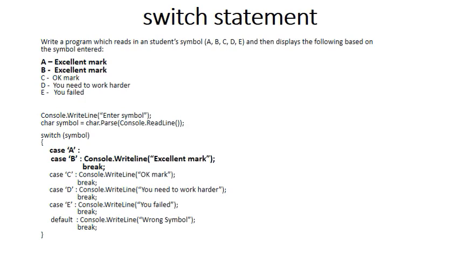So in this case I've changed the program to say if the user enters either an A or a B, I want excellent mark to be printed. So in the switch statement I say case A and I don't say anything, and then it's followed by case B which says excellent mark. So because case A is empty, it now falls through to B and prints excellent mark.